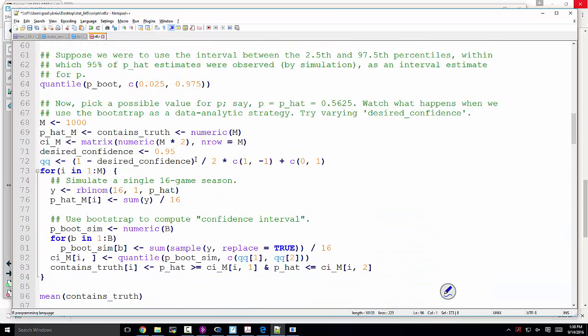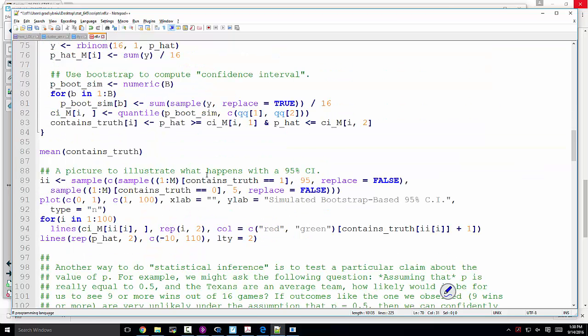So again, try varying the confidence level. Like if I changed this to 0.8, then I would expect 80% of my intervals to contain the truth and 20% to not. Change it to 99 and you change it accordingly. Okay, we're out of time.